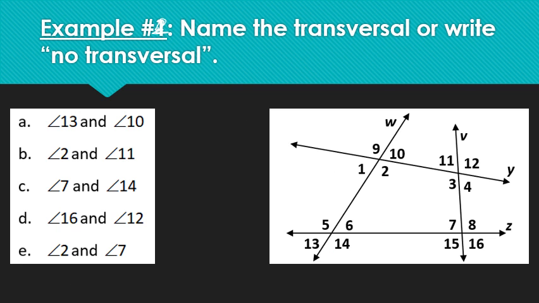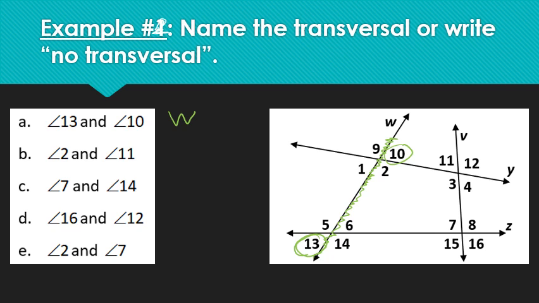All right, so let's look at these examples. Here in example 1, we are going to name the transversal or write no transversal. So let's look at angle 13 and angle 10. If I look at angle 13 and angle 10, angle 10 touches W here, and angle 13 touches W there, so that means that W would be the shared transversal. 2 and 11.